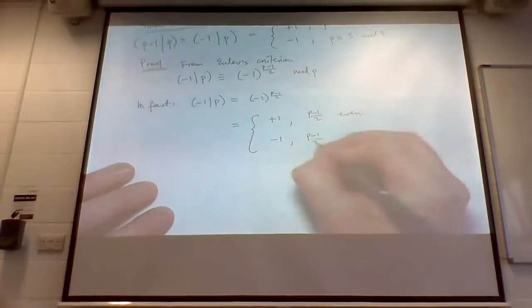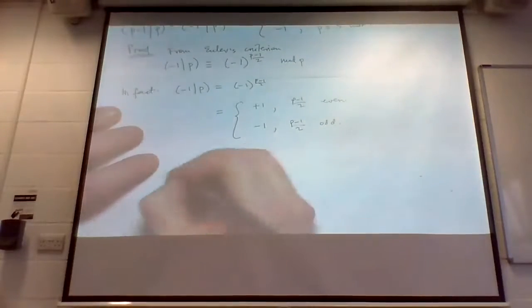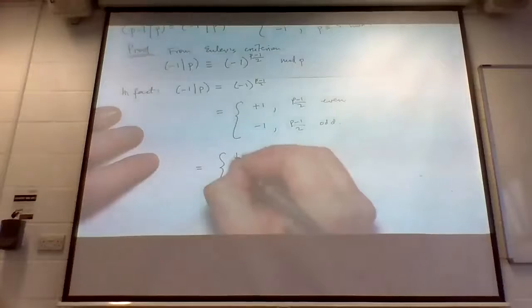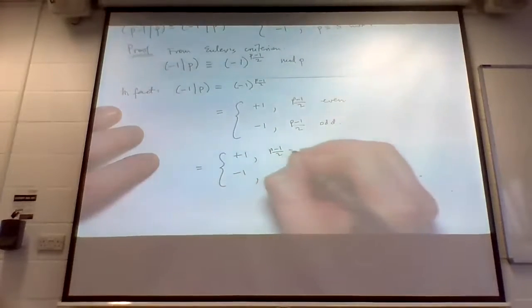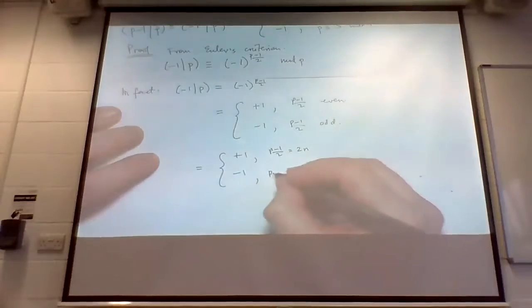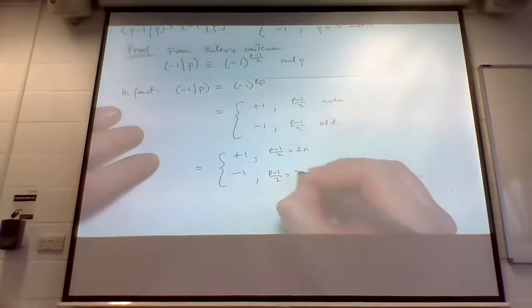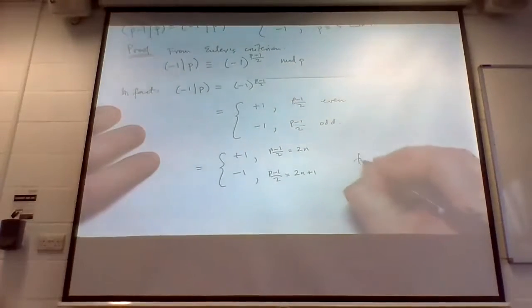And it comes out as minus 1 when (p minus 1)/2 is odd. You can rewrite those conditions as saying (p minus 1)/2 is 2n for some n, or (p minus 1)/2 is odd, so it's 2n plus 1 for some n.